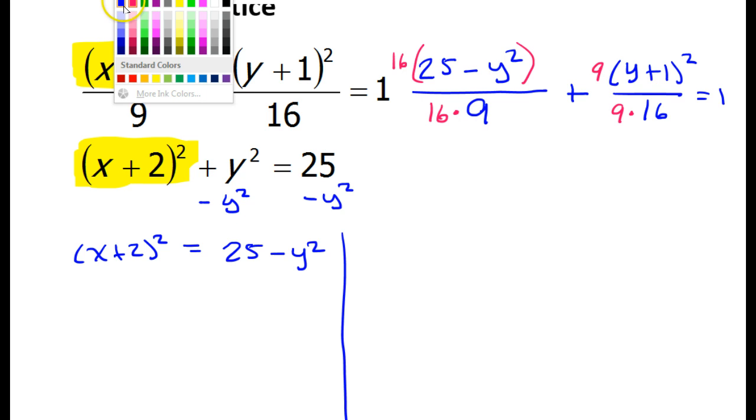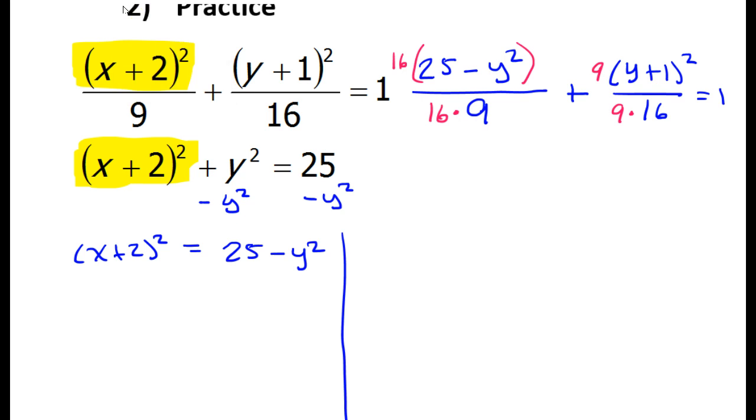So I'll go ahead and distribute. 16 times 25 is 400. 16 times 9 is 144.